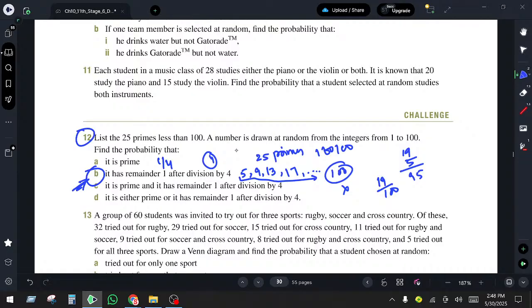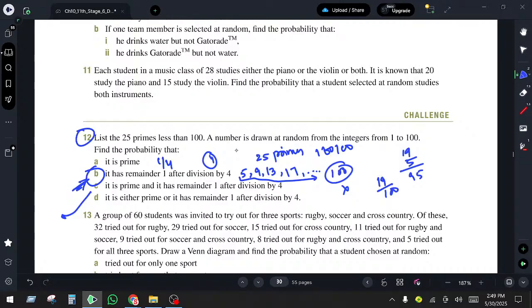What is question C? Okay, now question C. It is prime and it has remainder 1 after division by 4. First of all, prime, then out of these 19 numbers, exclude the prime numbers. Either prime or remainder 1, because the primes are a subset.